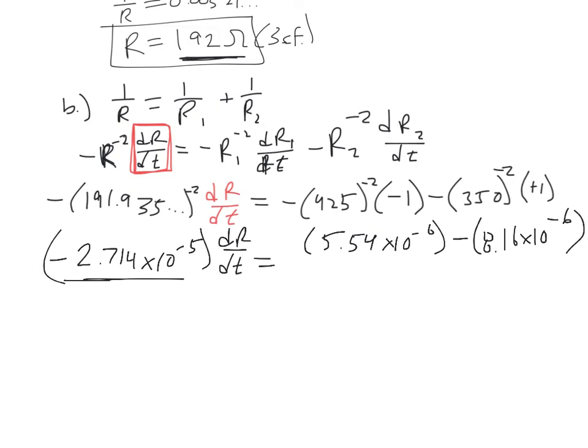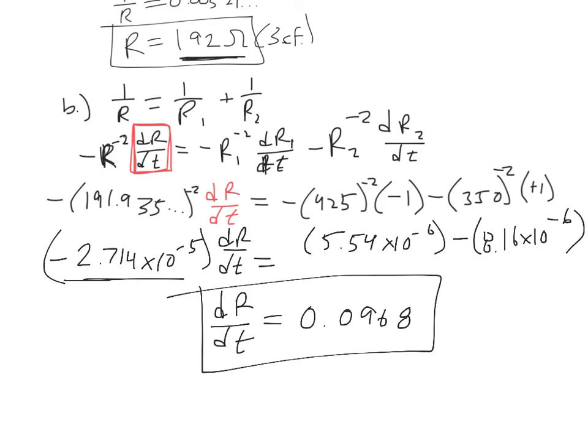When I do that, I'm getting that dR/dt is positive 0.0968. So we can see that even if it's only very slightly, the overall resistance of this whole circuit is increasing because dR/dt is positive.